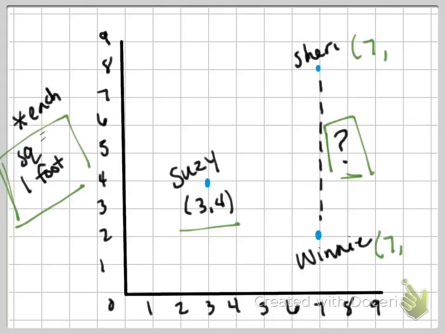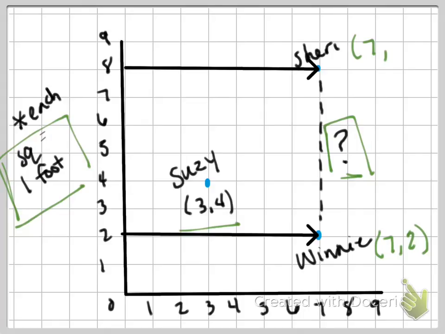But what I need to figure out is what is their vertical point? What is their vertical coordinate or their y-axis? Well, Winnie is 2 up, so I know she's at 7 comma 2, and Sherry is 8 up, so I know she's at 7 comma 8.